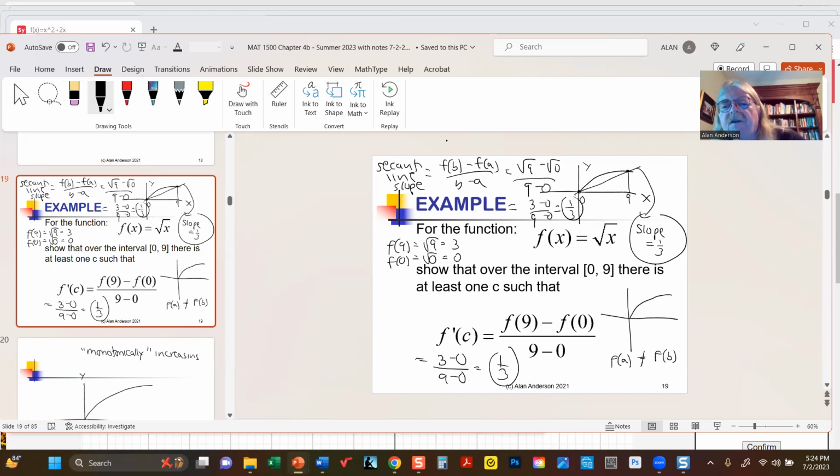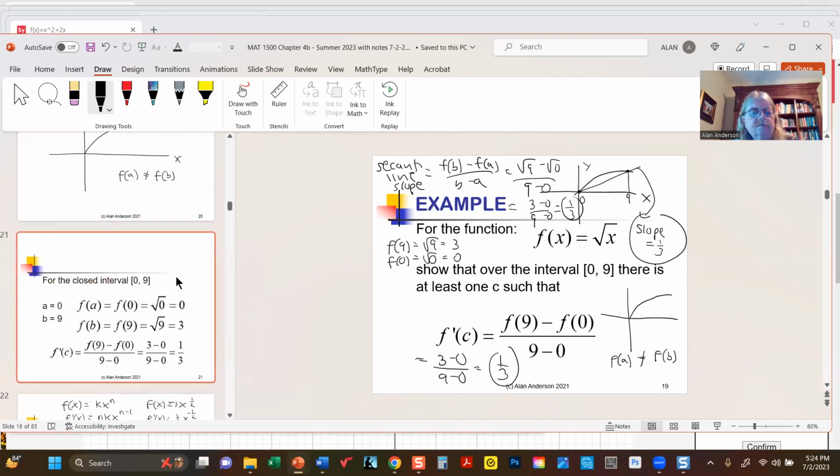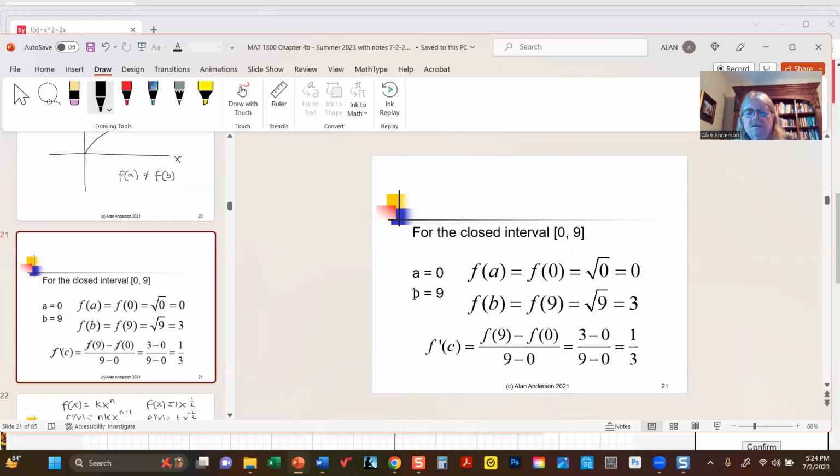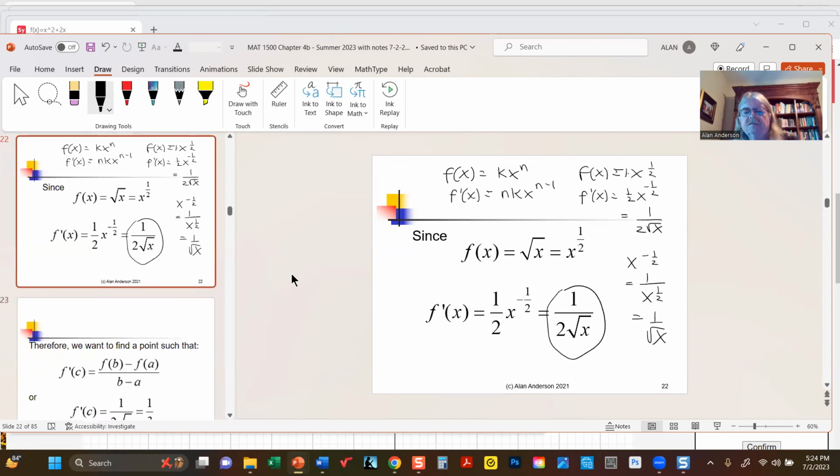So the slope of that secant line between those 2 points is 1/3, which means that there's some tangent line over that interval that also has a slope of 1/3. The question is, where is that located? Well, let's find out. The original function was f of x equals radical x, or x to the 1/2.